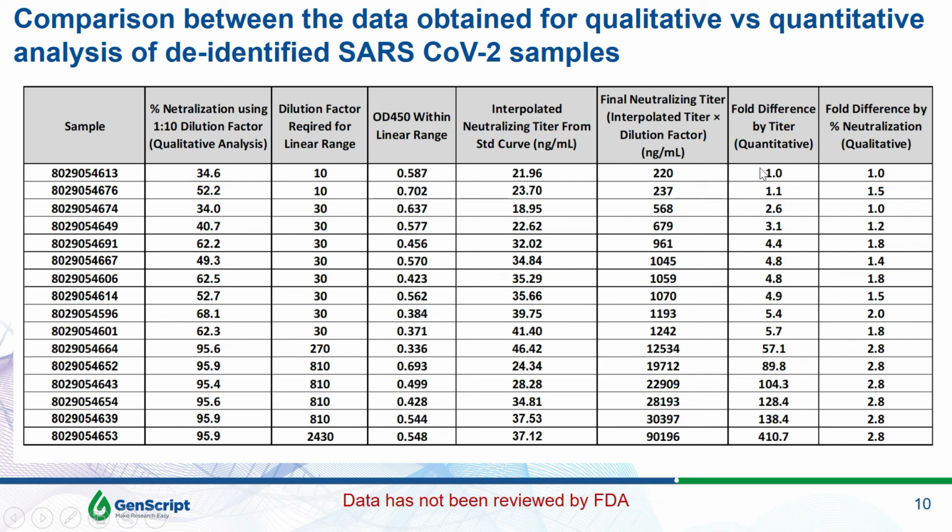We saw that for recovered infected patient samples, de-identified, there was a 410-fold difference in neutralizing antibody titers, which was quite astounding for us. We were not expecting to see such a large difference in the amount of neutralizing antibodies from one individual to another who had been infected and recovered from SARS-CoV-2.